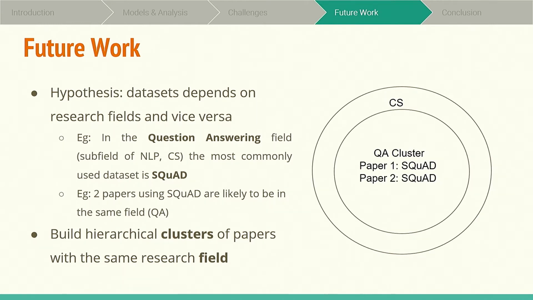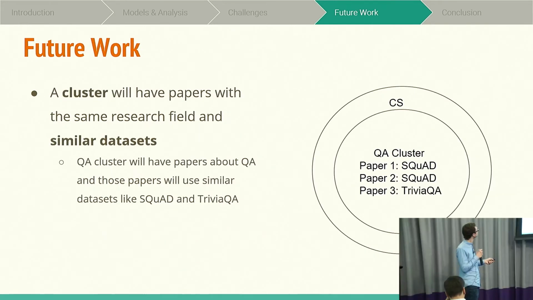So for example, in computer science, we have the cluster Q&A, and we would have papers like paper 1 and paper 2 which are using the same dataset, SQuAD. And we also think that a cluster will have papers with the same research field and similar datasets. So in the cluster of Q&A, we have papers using SQuAD and TriviaQA, which are actually similar datasets.